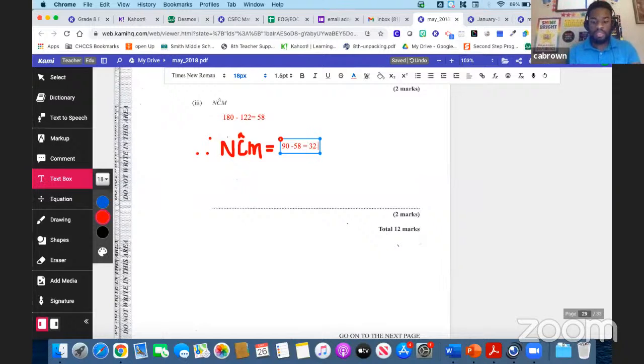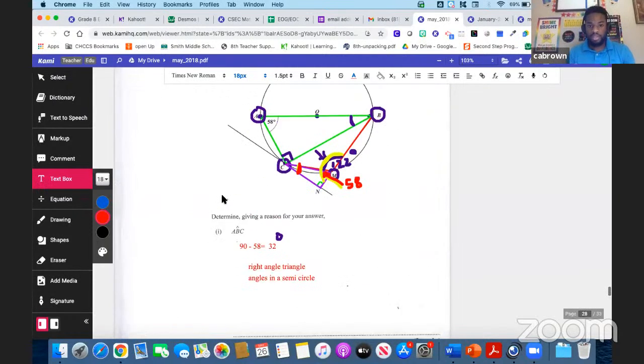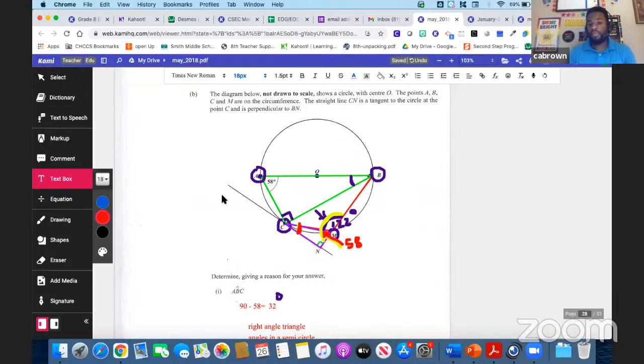And the reason for that, angles in a right angle triangle. All right, so there are many reasons that we can use. So that was circle theorem, and that was question, what question was that? Question 9.